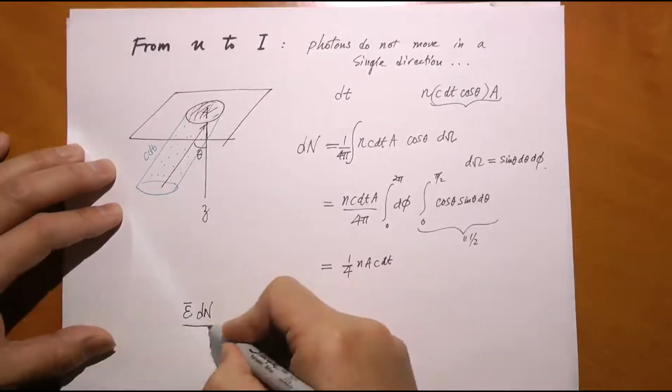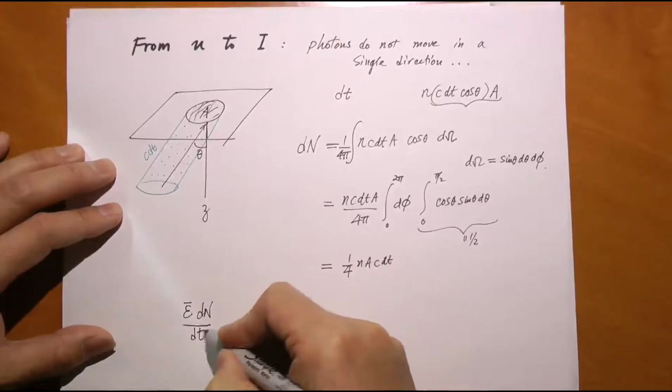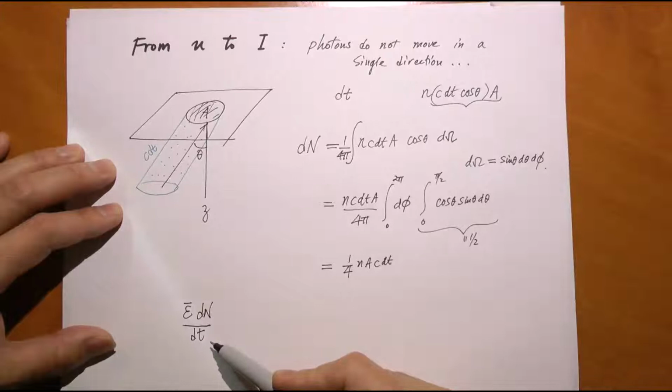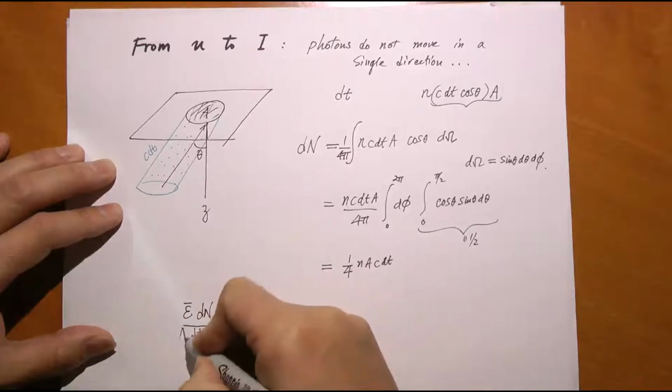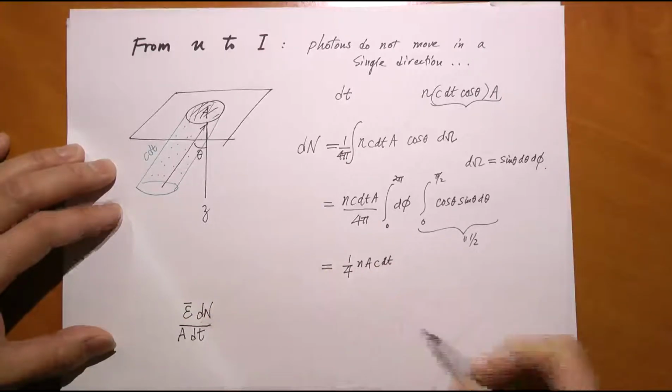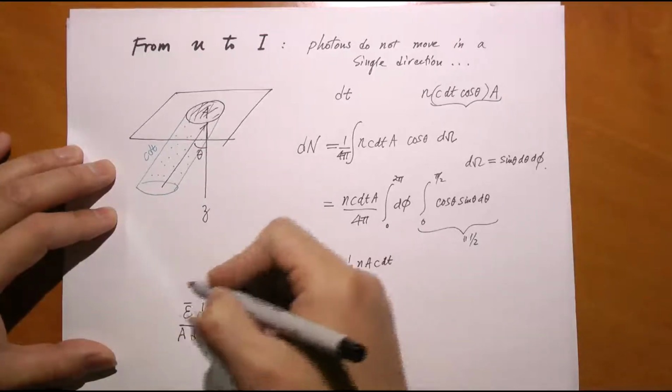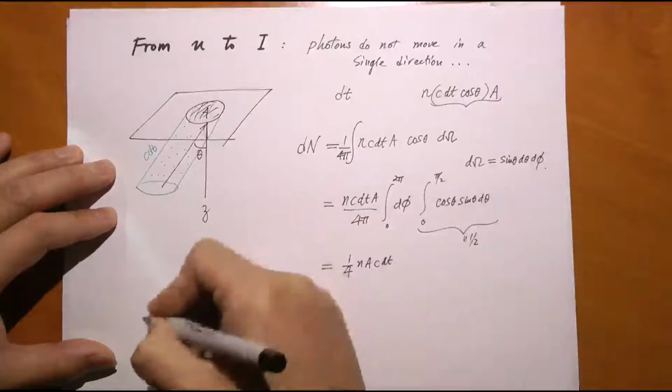And if I divide by dt, what do I get? I get the total energy emitted per unit time, don't I? And if I then divide this by area A, what do I get? I get the total power emitted per unit area of the black body. And that, by definition, is the power P.